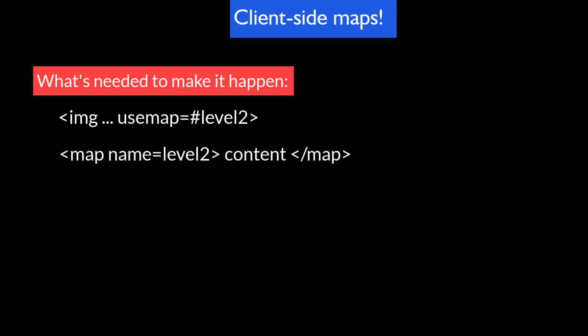Create a map element whose content is one or more area elements, and create your area elements. Each area element identifies first an area on the image, and it uses shape and coords attributes, and then identifies the link to follow if the area is clicked, using the href attribute.